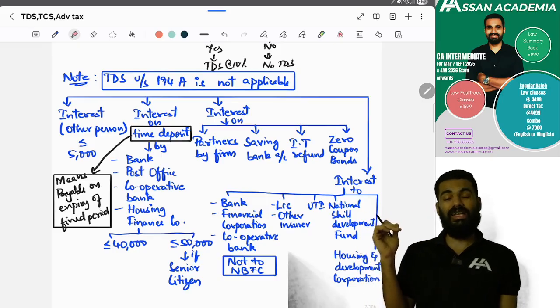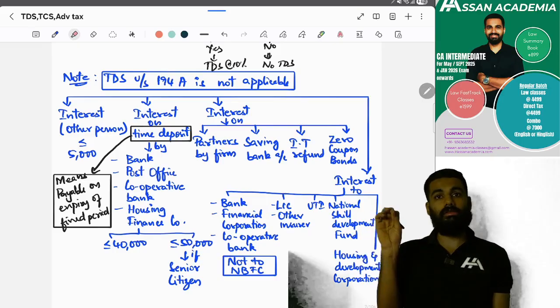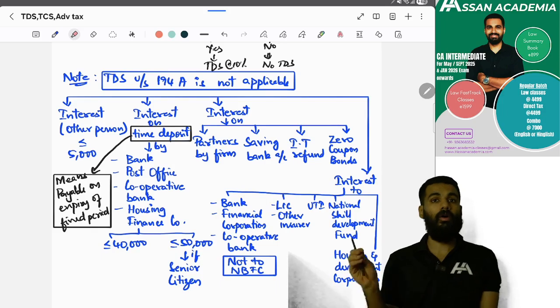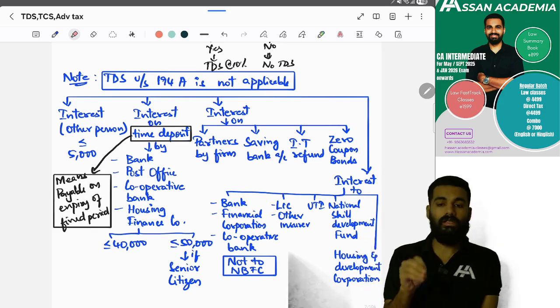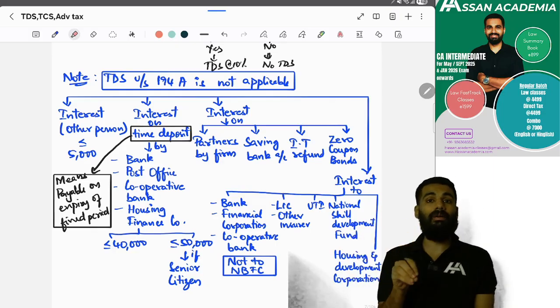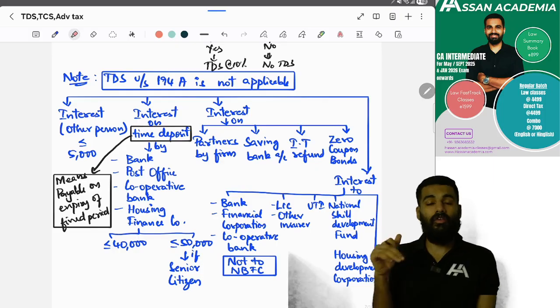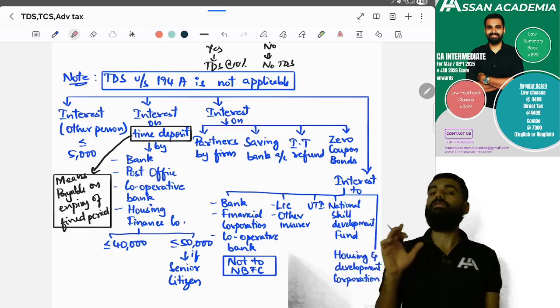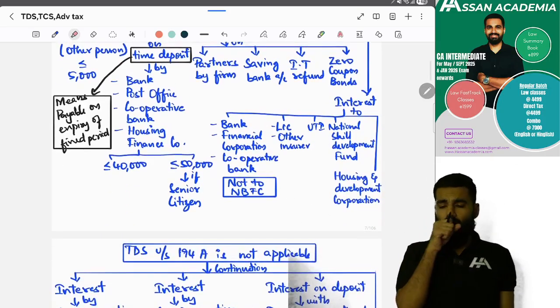If it is a senior citizen, up to 50,000, no TDS. More than that, then TDS will get attracted. Interest a firm gives to partners, no TDS. Saving bank interest, no TDS. In income tax refund, if interest is given for delay, no TDS. Zero coupon bonds, no TDS.